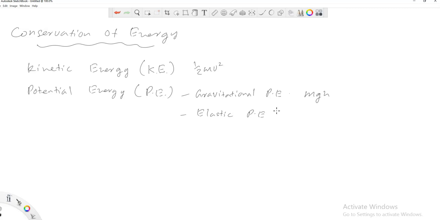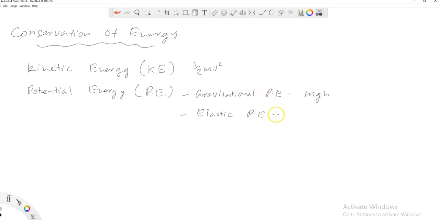It could be stretching a bow. So when you pull the bow string, it bends the bow, it accumulates potential energy, and that energy can be transferred into the arrow and give it kinetic energy. The example we discussed was a spring, one of the simplest forms of elastic potential energy, an easy example, but very common in nature.